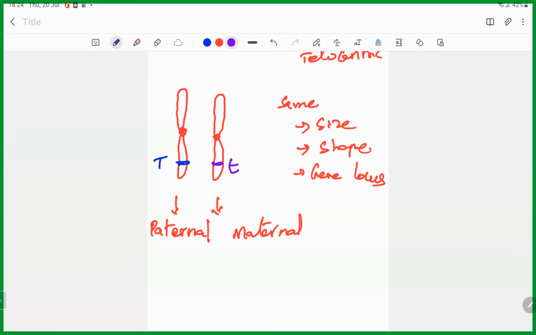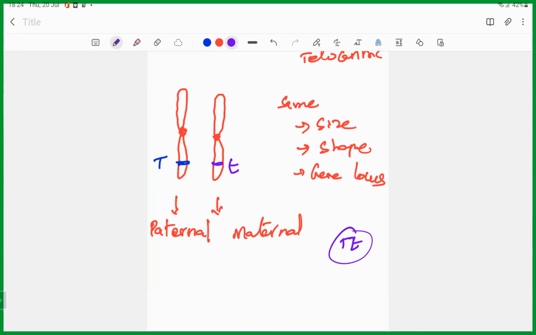In one chromosome, it is capital T. In another chromosome, the location is the same, but the alternative form of a gene is there. Two alleles occupy the same location on two different chromosomes. Can you understand? Okay, fine.